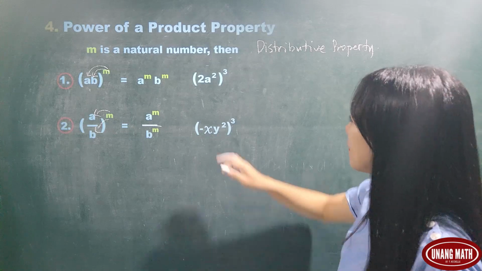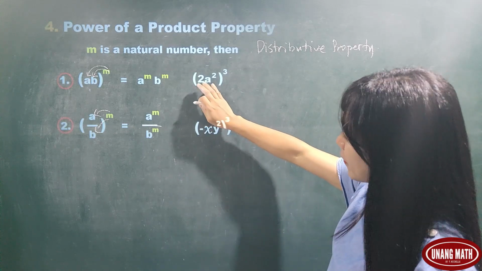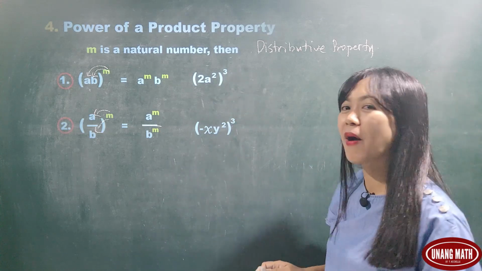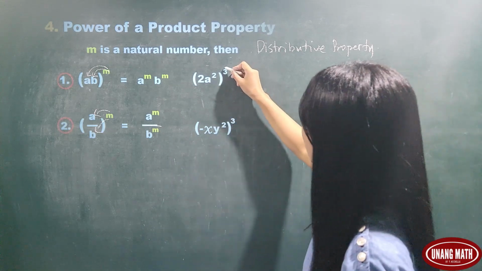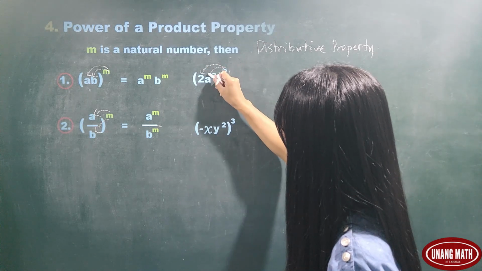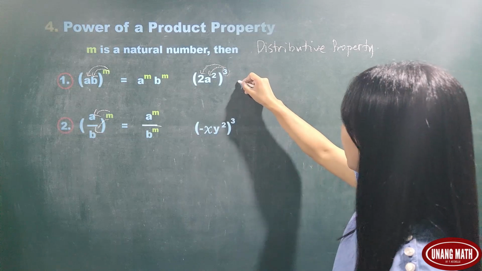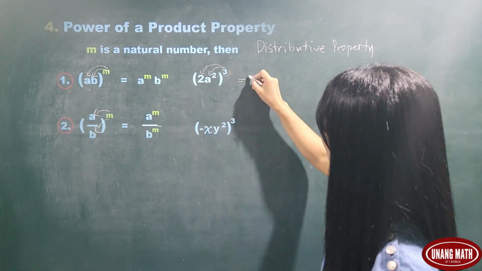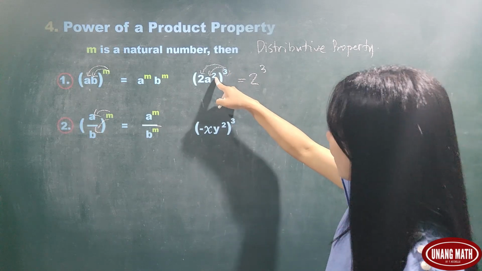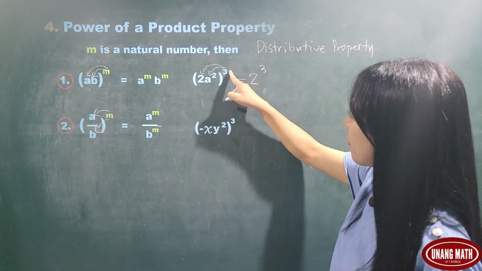Okay, let's give an example. We have here (2a squared) inside the parentheses, and it's raised to the power of 3. This exponent 3, we have to distribute to each number inside the parentheses. So this is equal to 2 raised to the power of 3, and a squared raised to the power of 3.